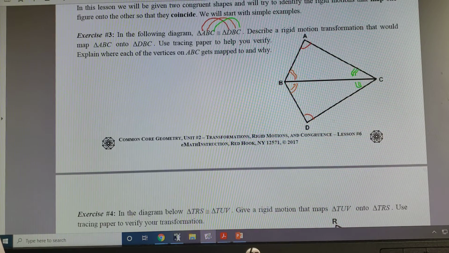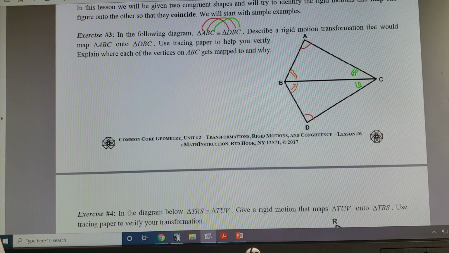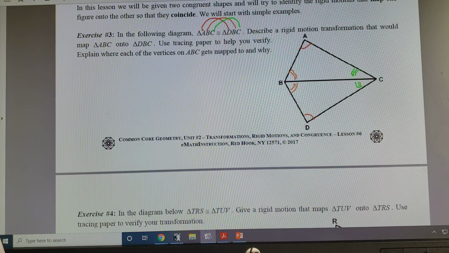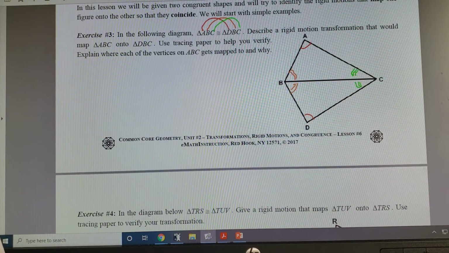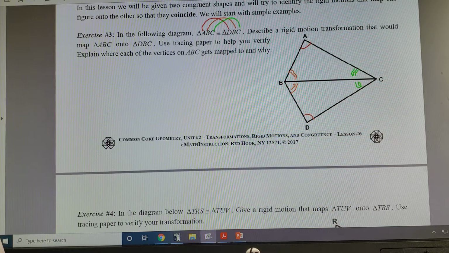Oh, good job. All right, so notice that you flipped your paper over. So what transformation is that? Reflection. Very good. Reflection over what line? Very good. Okay, so let's see here.